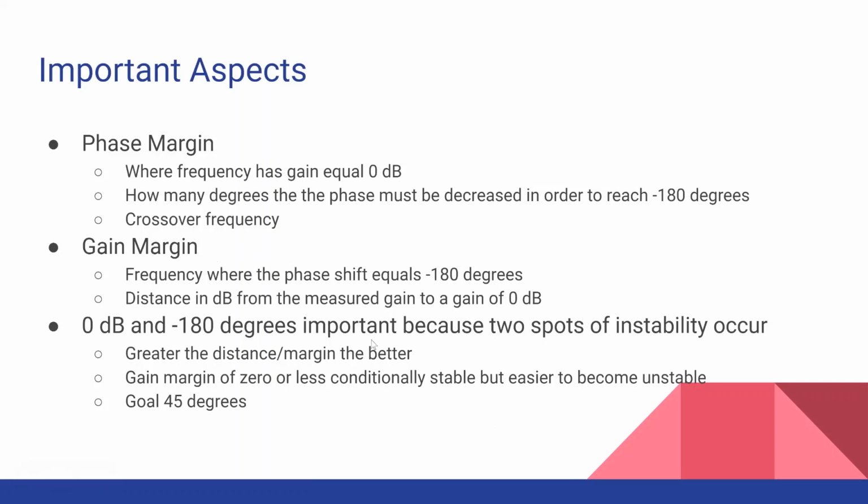And gain margin is sort of the opposite, where now you start at negative 180, and then you see how long it takes to get to 0 decibels based on wherever it is. And why that's important is because those two spots are where instability could be happening. You want to have bigger gain and phase margins, and overall the goal is to have above 45 degrees.